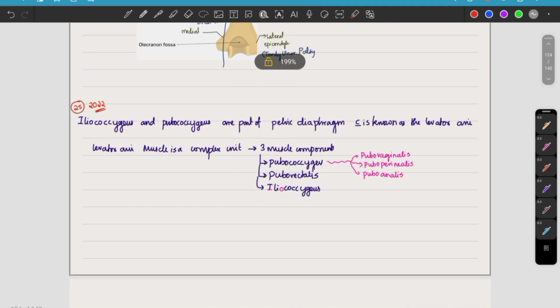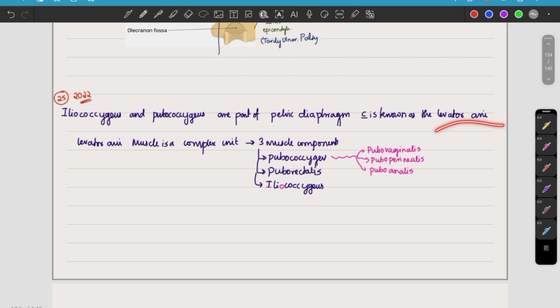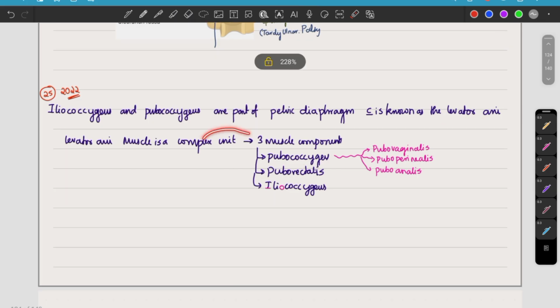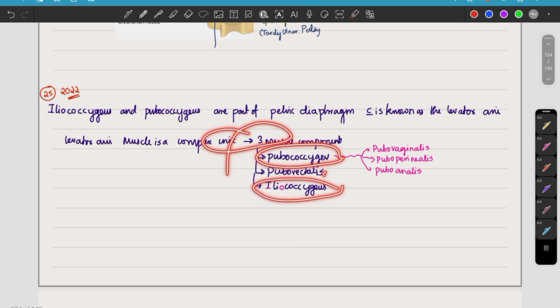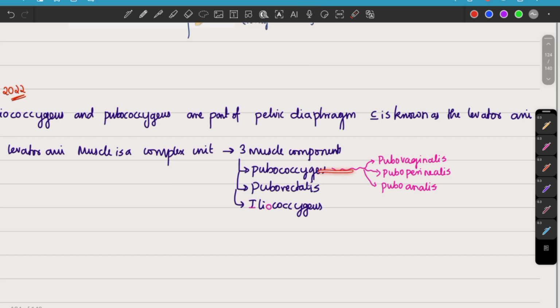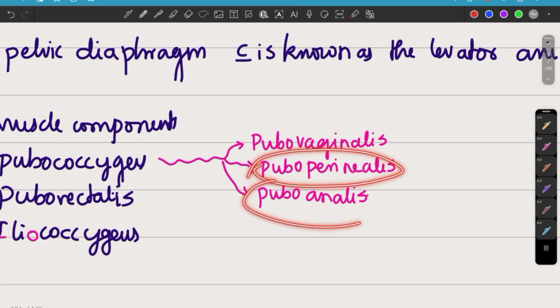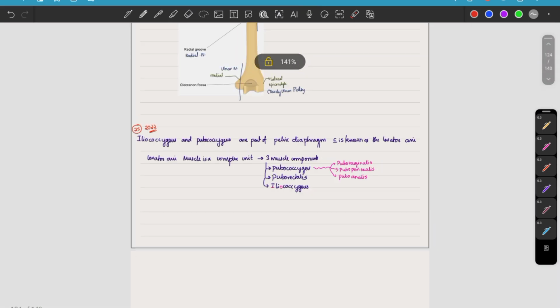You can see the levator ani muscle, which has three muscle components: pubococcygeus, iliococcygeus and puborectalis. Pubococcygeus has three components: pubovaginalis, puboperinealis and puboanalis.